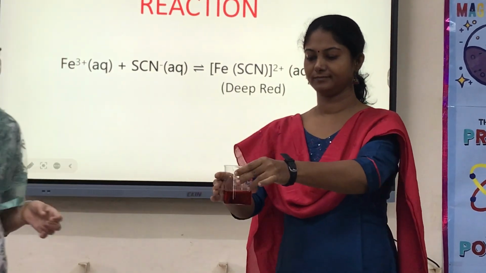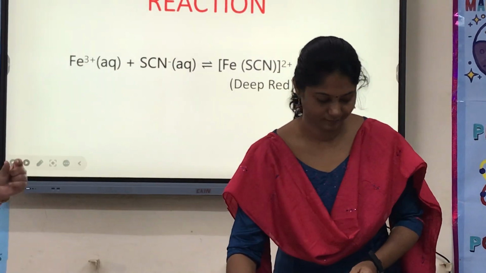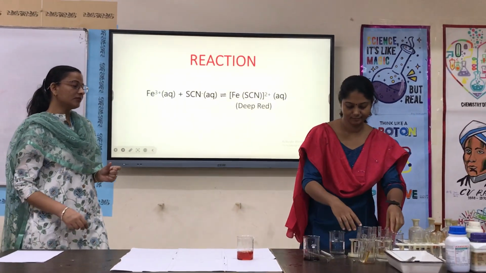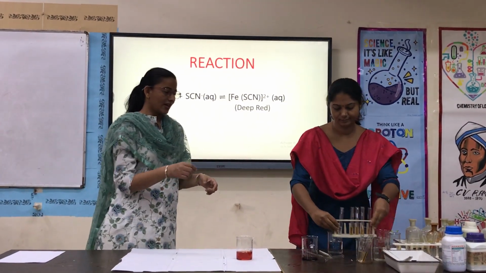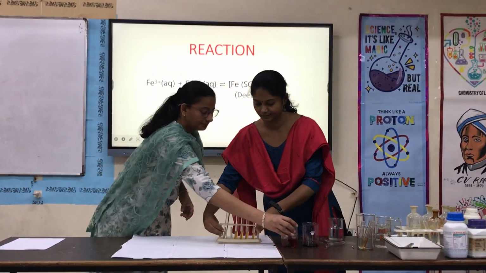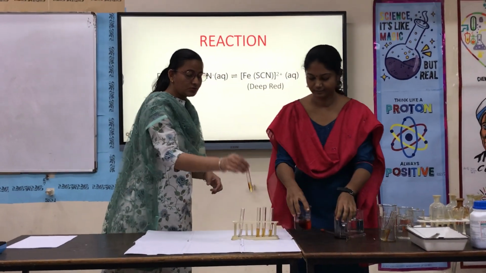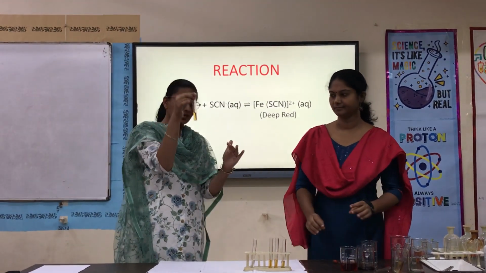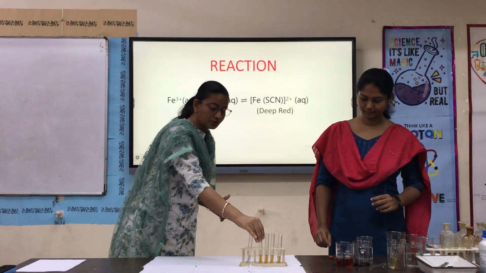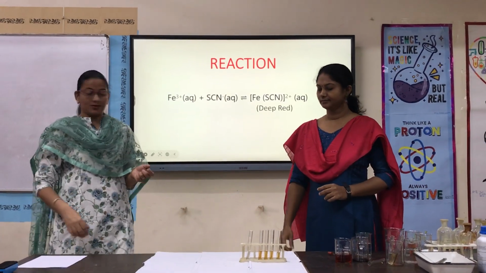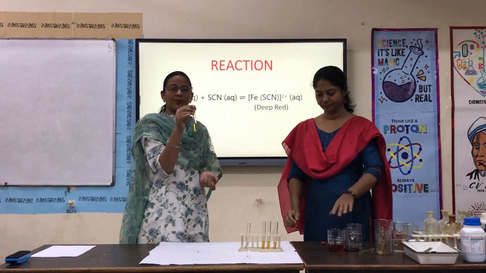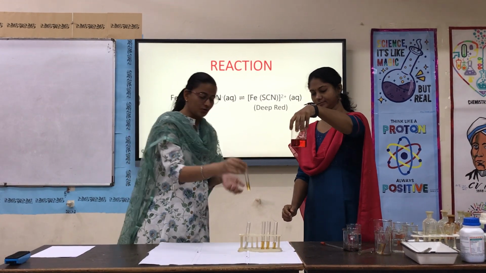Now we will take 5 milliliter of this diluted solution into 4 test tubes. We take 4 test tubes in which we take equal volumes of this solution of complex ferric thiocyanate.